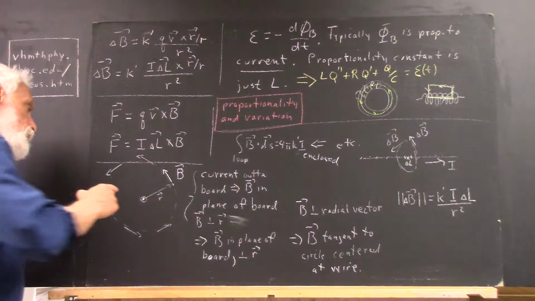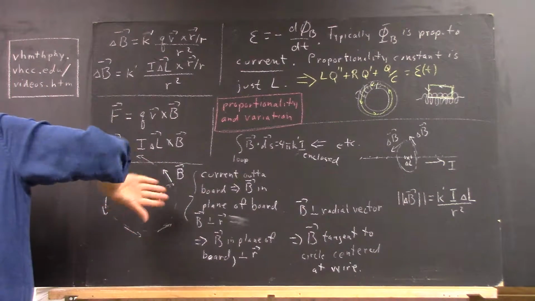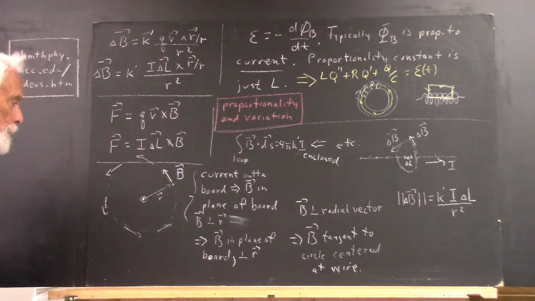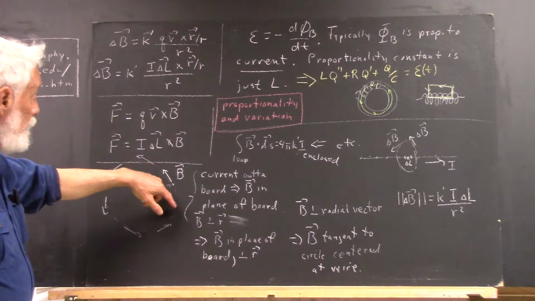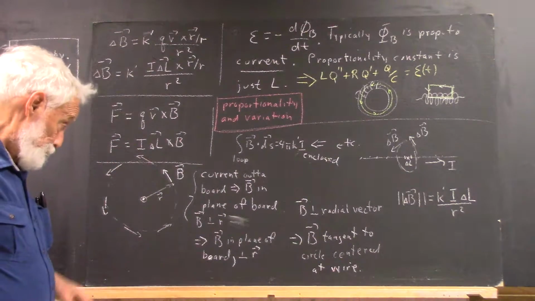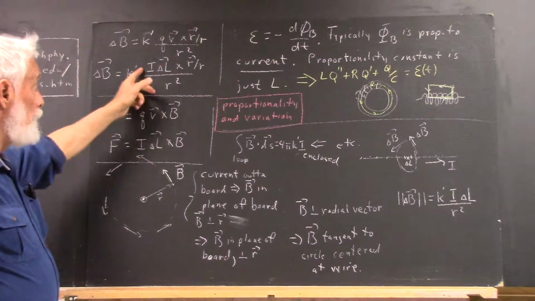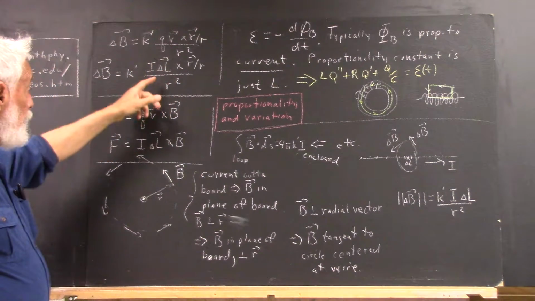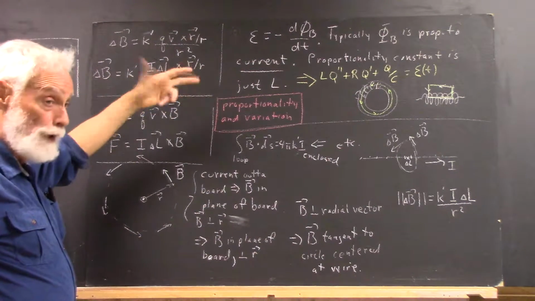If the current was into the blackboard, then we'd have to do something like this, and the magnetic field would be going this way. Now, R is a radial vector for this circle that I've sketched. B has to be perpendicular to R for the same reason it's perpendicular to the delta L, because you're doing the cross product of the delta L vector with the R vector.